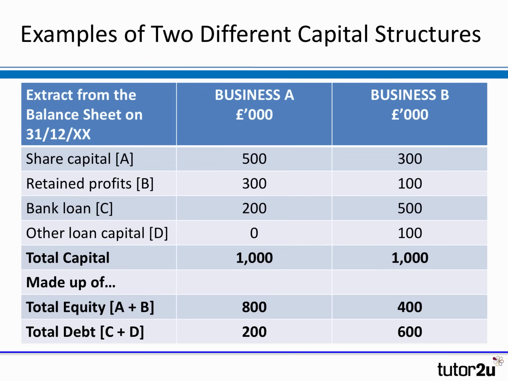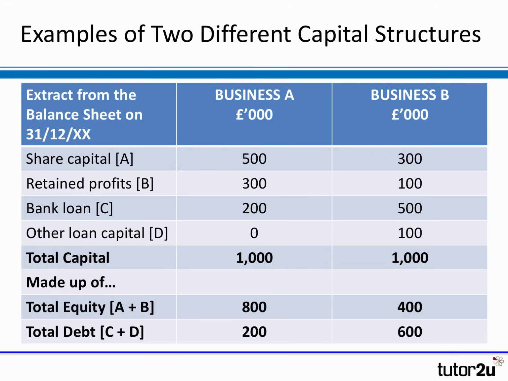So if we add together the equity elements, which is share capital plus retained profits, that gives me £800,000 worth of equity. And the only debt in business A is the £200,000 bank loan. So total debt is £200,000. Now let's compare that with business B, which also has capital of £1 million, but it's a slightly different structure.